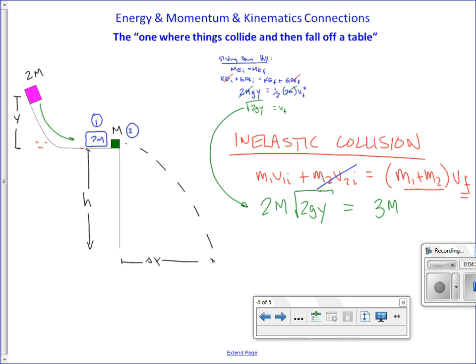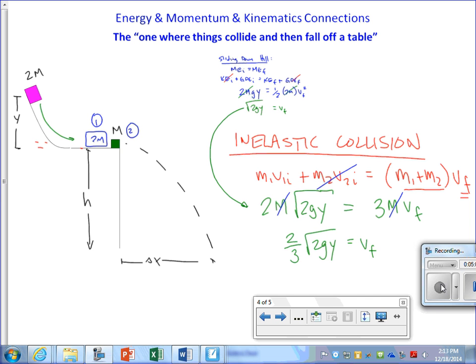We have the 2m plus the m. And now what we get is that this system's final speed stuck together is 2/3 radical 2gy. Now I feel like I dropped a 2 somewhere, but I don't think I did.